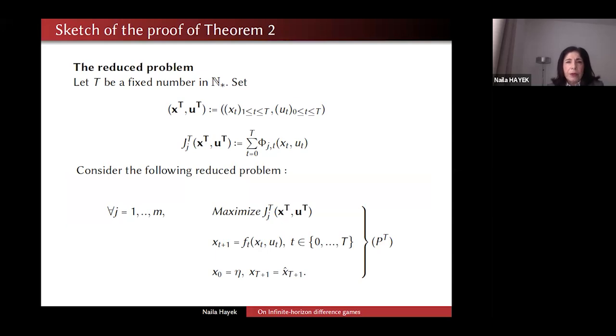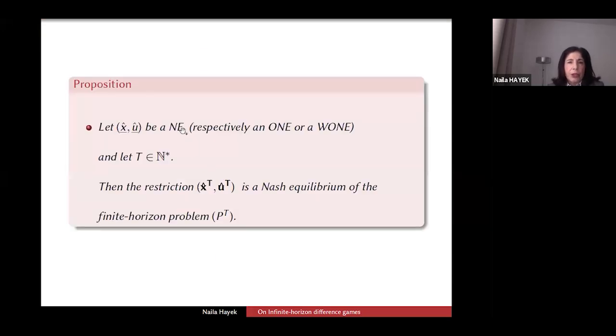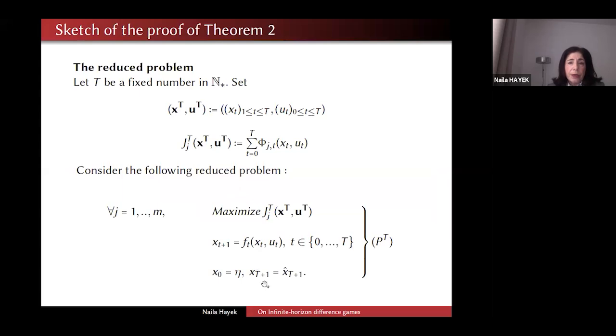Okay? So starting with a Nash equilibrium, an overtaking Nash equilibrium or a weak overtaking Nash equilibrium, I can say that the restriction of this process, when I stop at T, also requires that the value of x_{T+1} should be exactly hat x_{T+1}.